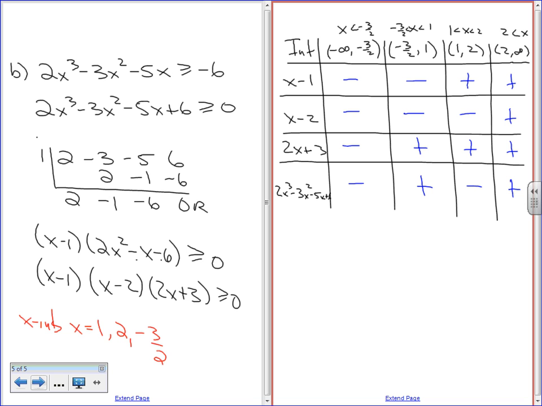Okay, so now you just look at your interval chart to answer the question: when is 2x cubed minus 3x squared minus 5x plus 6 greater than or equal to 0? And you would say the answer is, anybody?